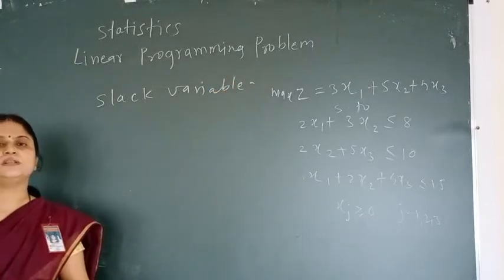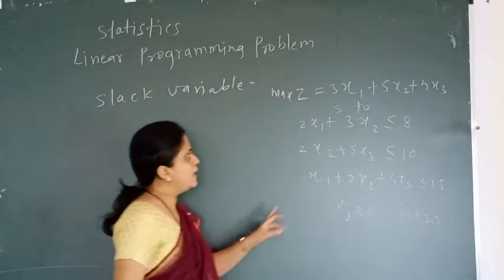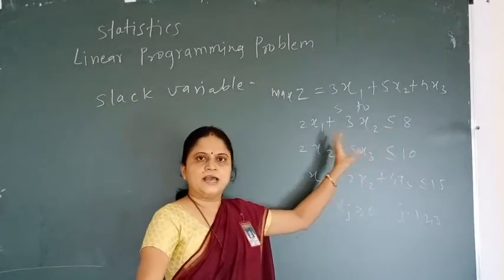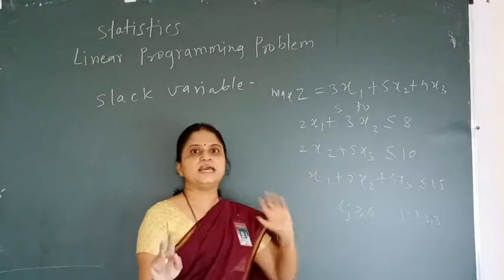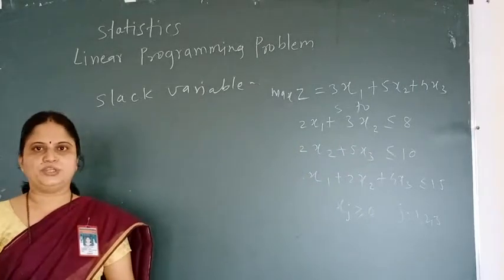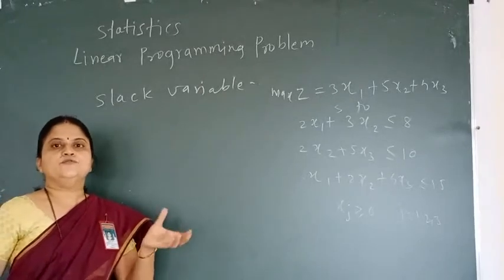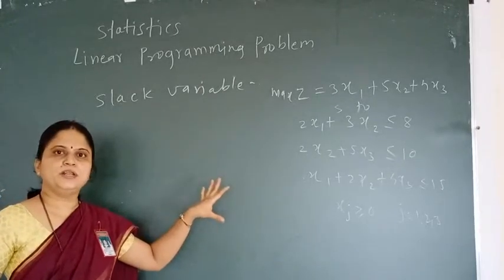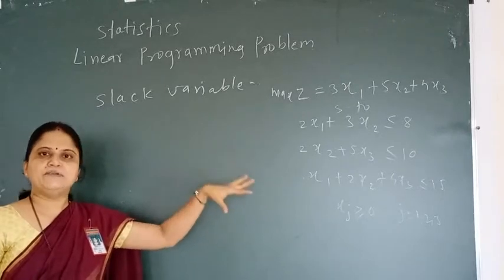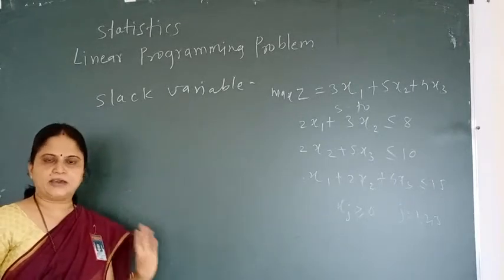So slack variable means, see, in this equation I have something which is less with me. So to convert it to equality, I need to add something over here. So if we add some variable to form the equation into equality form, the added variables are called slack variables.